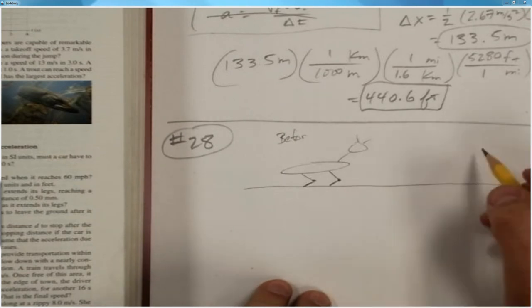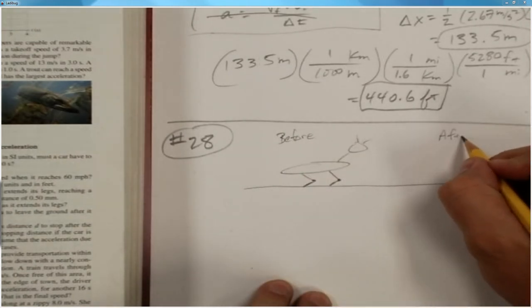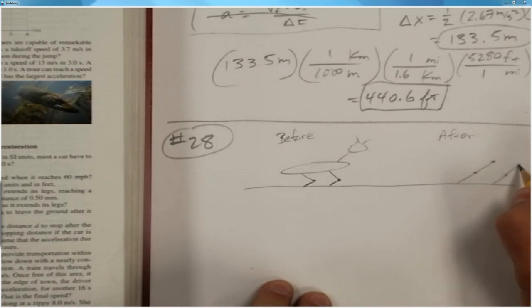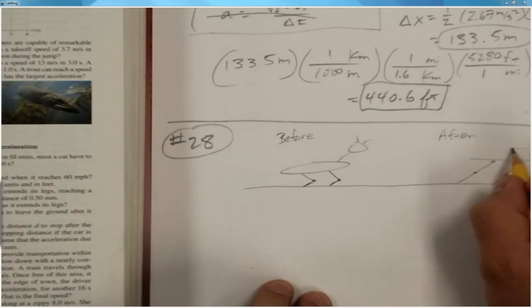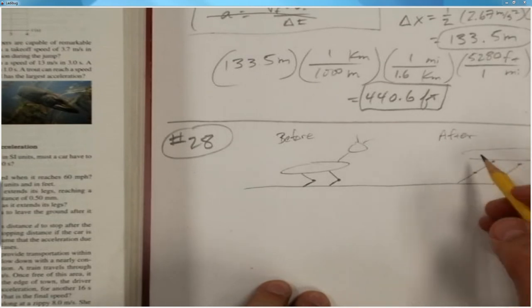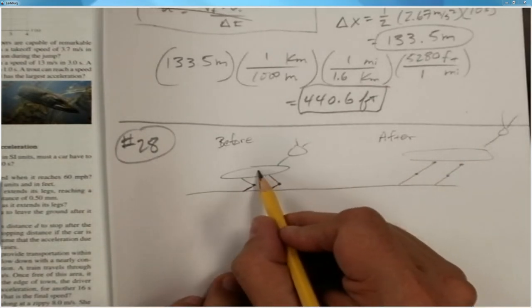So this is before, and this is after. My flea is going to fully extend his legs. And there's going to be a change in the height of his body.